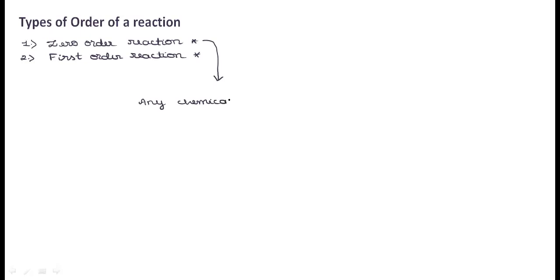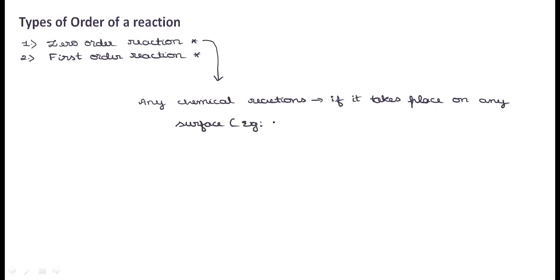If we take any chemical reaction that takes place on a surface, say for example, whatever catalyst is used, the chemical reaction takes place on the surface of the catalyst.